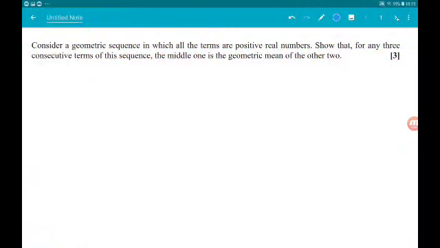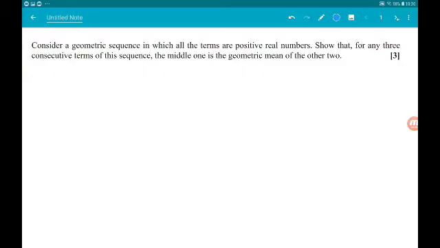Okay, question 13 for 3 marks. Consider a geometric sequence in which all the terms are positive real numbers. Show that for any 3 consecutive terms of the sequence, the middle term is the geometric mean of the other 2.